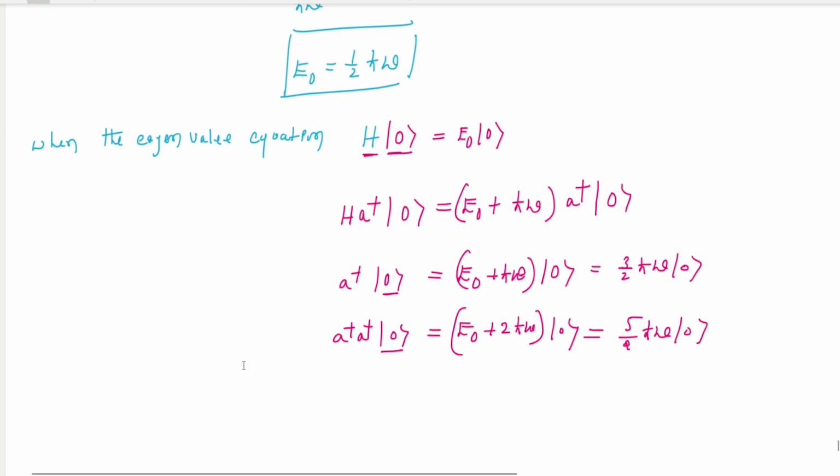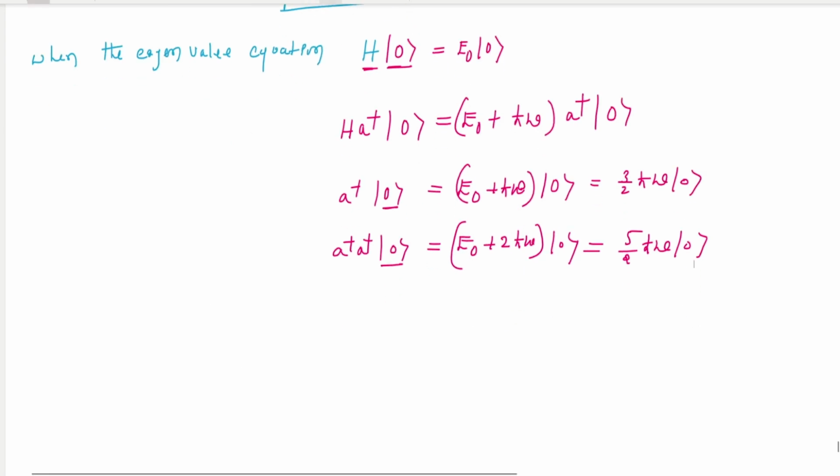Like that, we can easily get the nth state wave function, nth state eigenvalue. If you apply A dagger n times on this ground state, then we get E naught plus n H cross omega into the ground state.